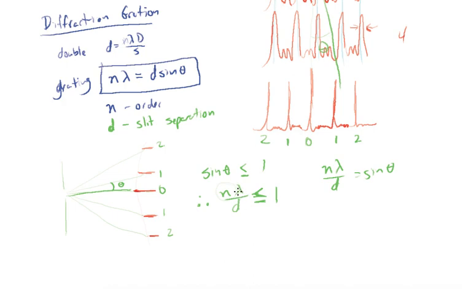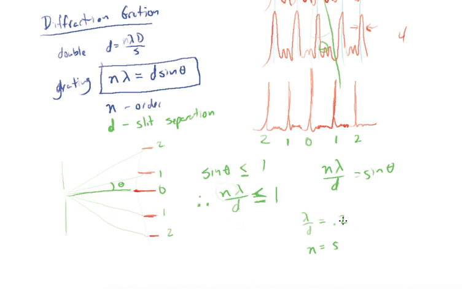So for example, if lambda over d equaled 0.2, then the maximum n you could have would have to be 5, because that would get you to equal 1, and that's the maximum that the sine of theta can be.